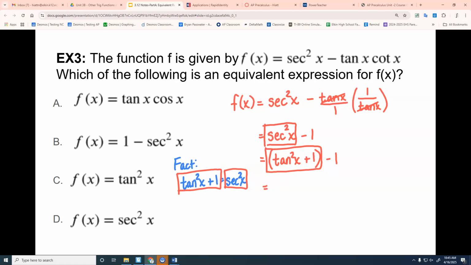Now, if I've got tangent squared x plus 1 minus 1, what am I going to end up with? Tangent squared x, because that positive 1 and negative 1 are going to cancel each other out, and C is my answer. Yes?